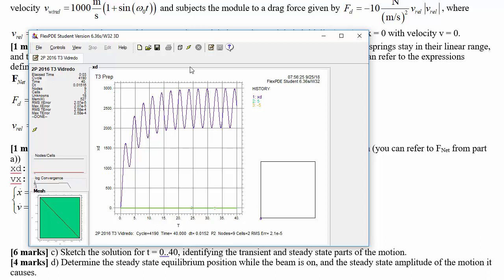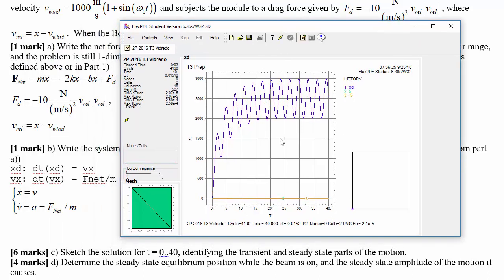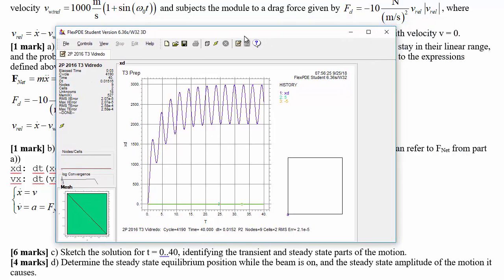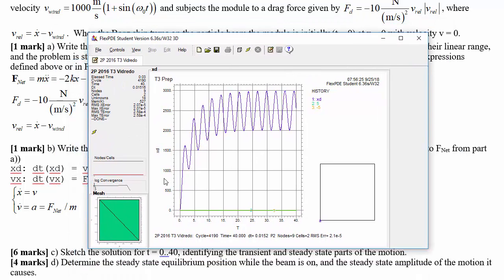So let's think. How could you adjust some of these things and see how it would affect the result? If the frequency was different for the wind, then because we are not at the resonant frequency anymore of this system, you'd expect the amplitude might get lower, but the equilibrium offset position shouldn't change that much.